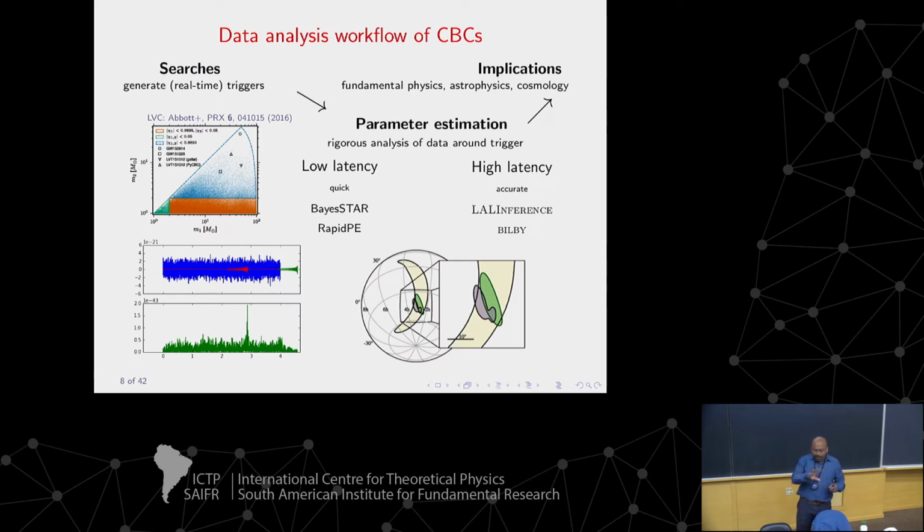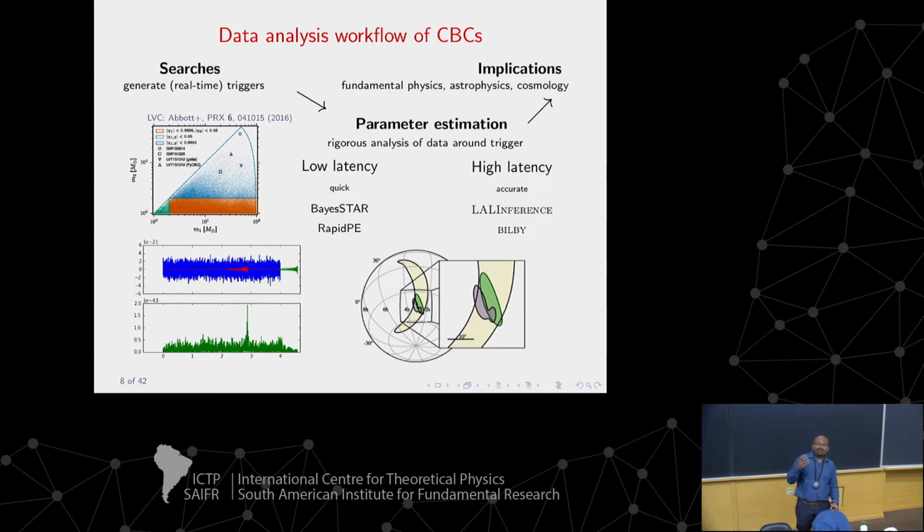So with these two aspects, a rapid search as well as a rapid, low latency parameter estimation, we have a complete workflow for data analysis of compact binary coalescences. As the signal is coming in, we search through the signal, try to find interesting triggers. We try to rank the triggers. And of course, some of the triggers are false. We try to characterize triggers by a false alarm rate.